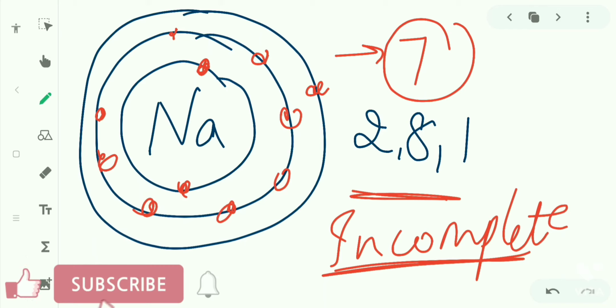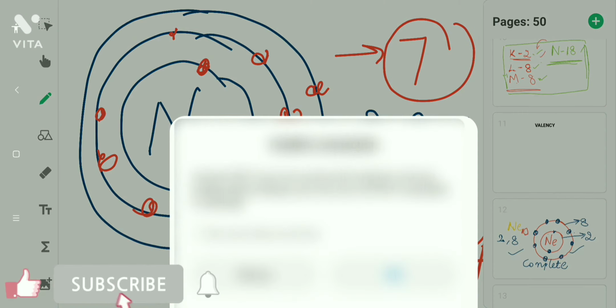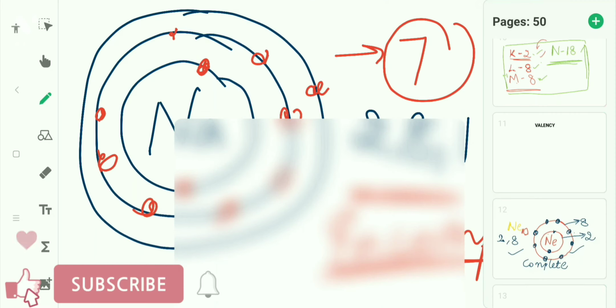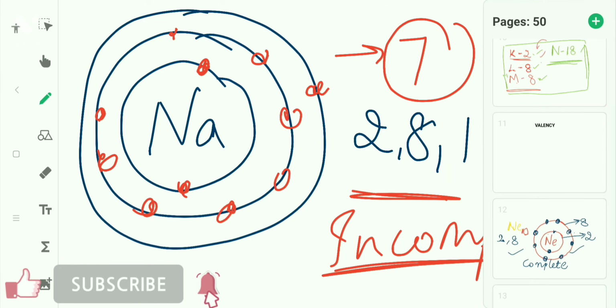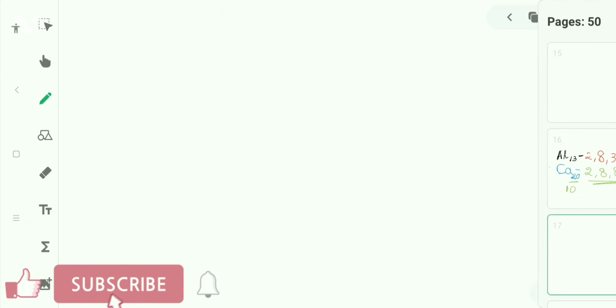Okay, so moving on to the next topic, it is number of shells, on moving down the group and across the period. Just a minute, I'll explain.